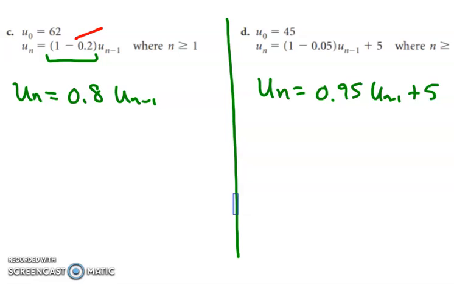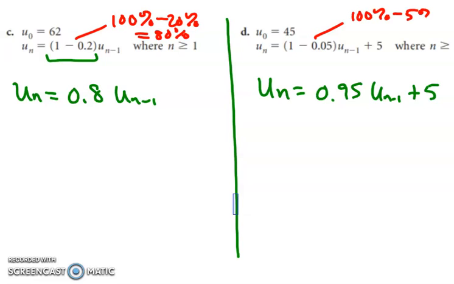This is basically like taking 100%, take away 20% to get us to our 80%, which is 0.8 as the decimal number. This is like taking 100%, take away 5%, which gets us to 95%, which is the 0.95. So your textbook has two ways of approaching the R value. This is just basically saying we're starting at 100%, and these are both going to be decay since we're subtracting.